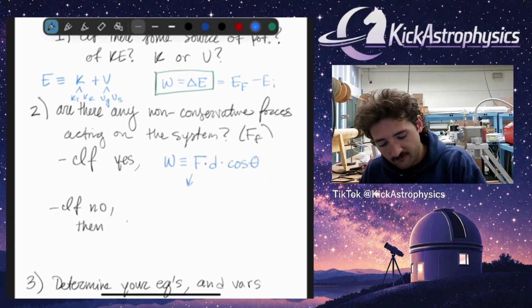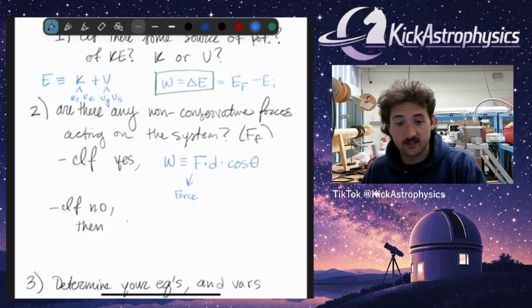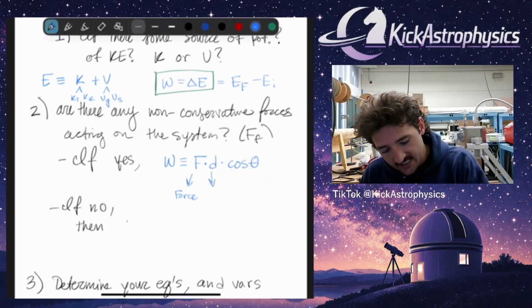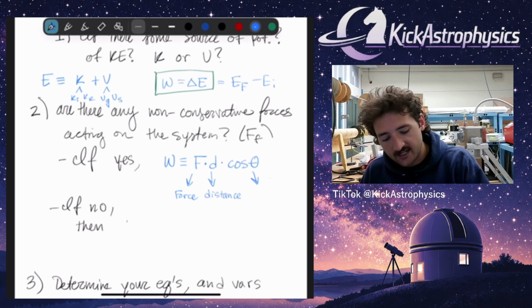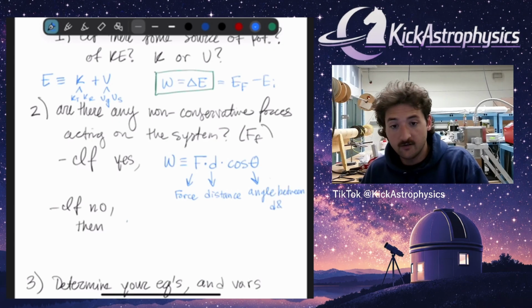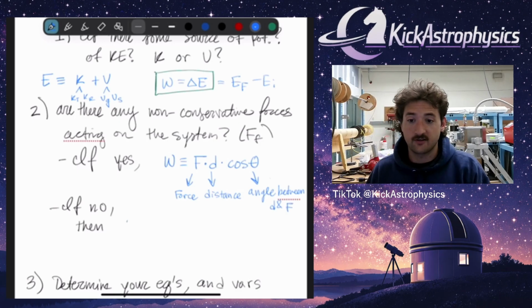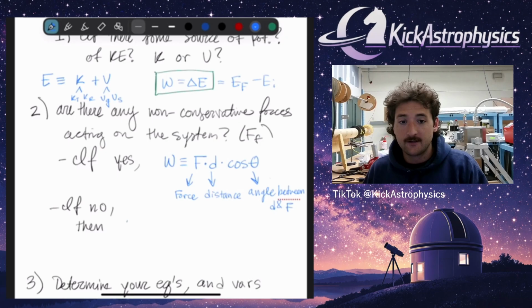And F is the force that is doing the work, so in this case, friction. D is the distance that it acts for, so distance. And cosine theta is the cosine of the angle between the distance vector, or the direction of motion, and the force vector, the direction of the force, right?